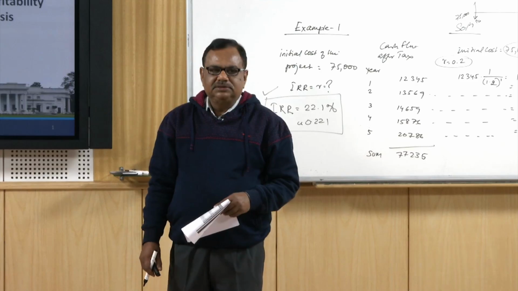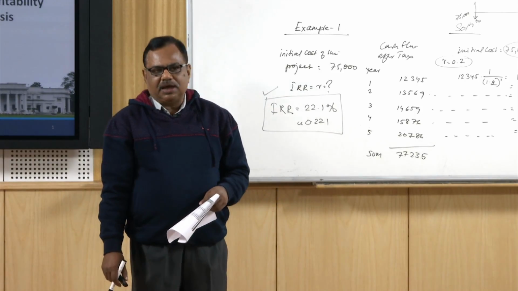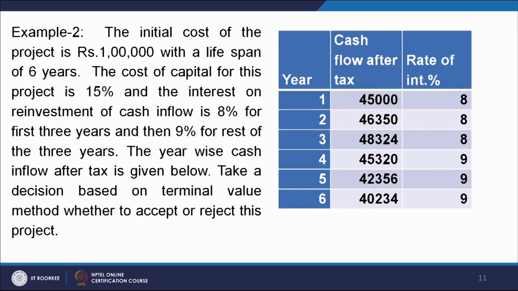Now, the objective is, given the initial investment, lifespan of the project, cost of capital, yearly cash inflows and expected rate of interest on cash inflows if invested, to find out the sum total of the compounded interest cash flows and its present value. Further, by taking into account the present value of the cash outflows, take a decision whether to accept or reject the project. Now, let us take example number 2 to demonstrate this.